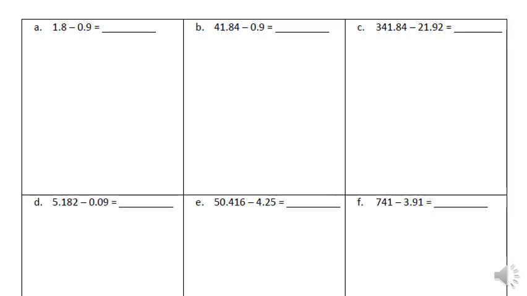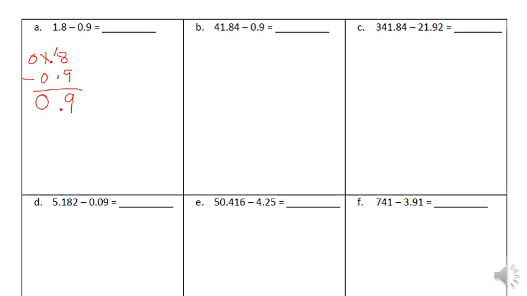Okay, now we're supposed to be using a standard algorithm this time. And we know we have 1 and 8 tenths minus 0 and 9 tenths. Well, I cannot take 9 from 8, so I have to regroup. Now I have 18 minus 9, which gives me 9. And 0 minus 0 is 0.